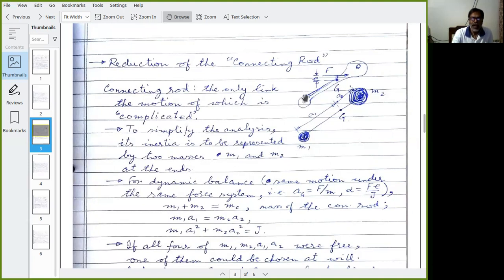This end is called the small end, and this end is called the big end, for obvious reasons: this is lighter and this is heavier. Typically, the center of mass of the connecting rod is more on the right side. So we try to reduce the non-uniform inertial distribution of the connecting rod by two masses, M1 at one end and M2 at the other end.